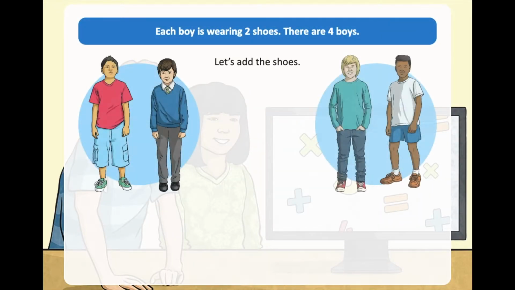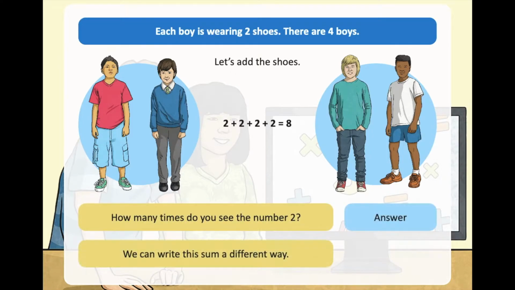So here's a couple of examples. Each boy is wearing 2 shoes because you wouldn't just wear 1 shoe, you wear 2 shoes. But there are 4 boys. Let's add the shoes. 2 plus 2 plus 2 plus 2. How many times do you see the number 2?